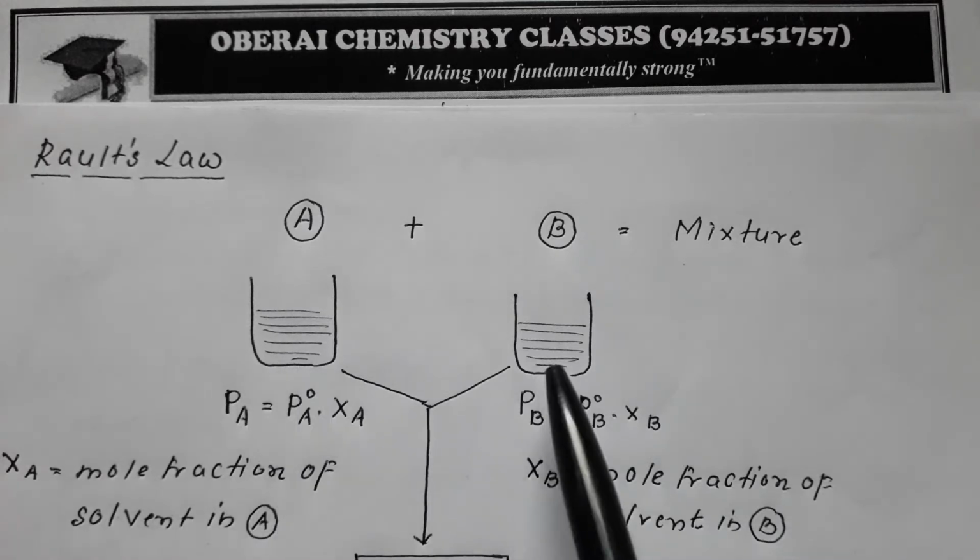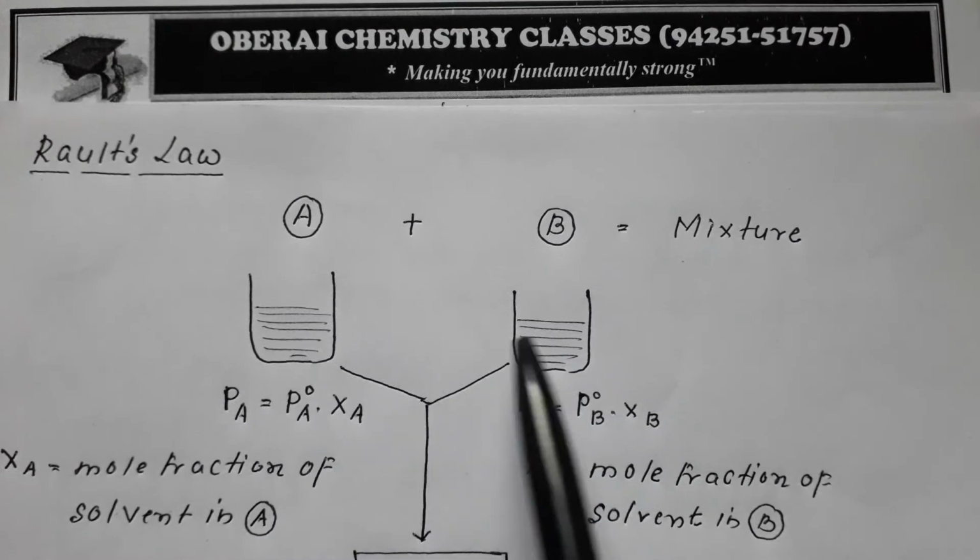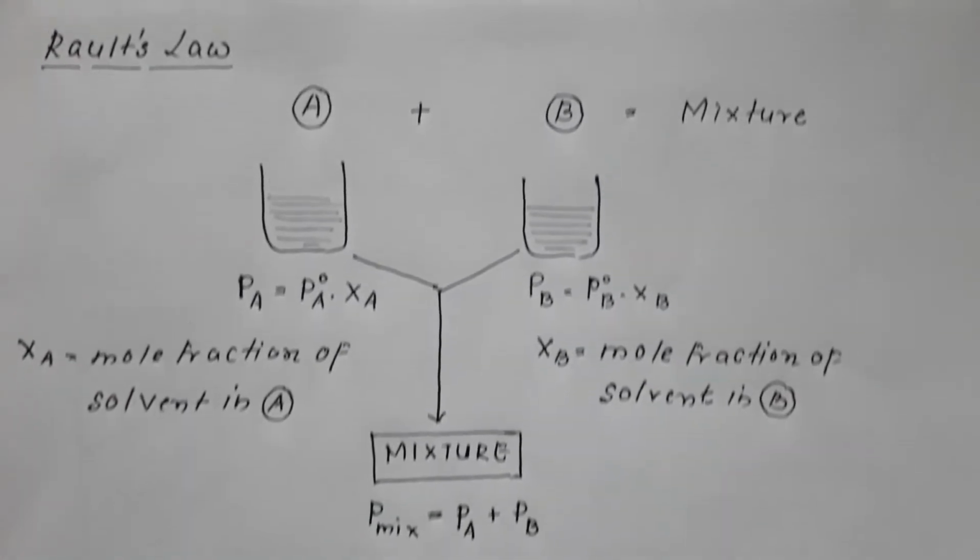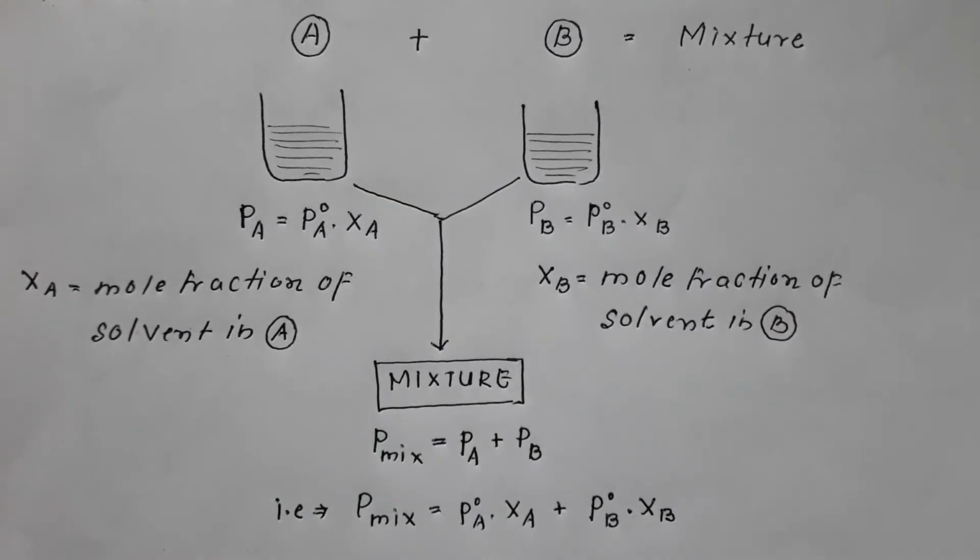Now, if component A and B are mixed together to form a mixture, then according to Raoult's law, the vapor pressure of the mixture would be the sum of the two vapor pressures, that is PA plus PB.